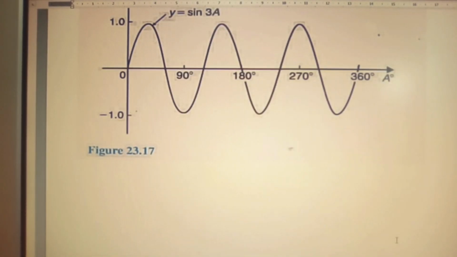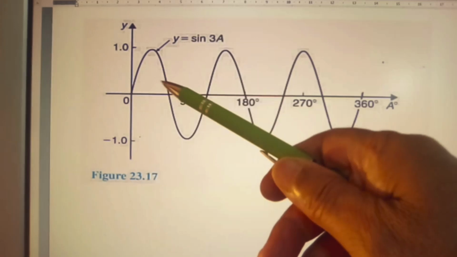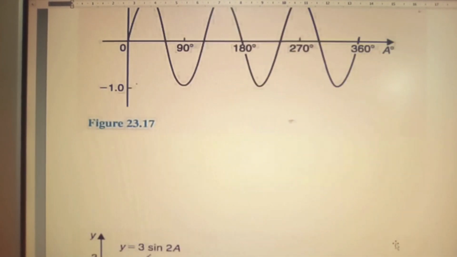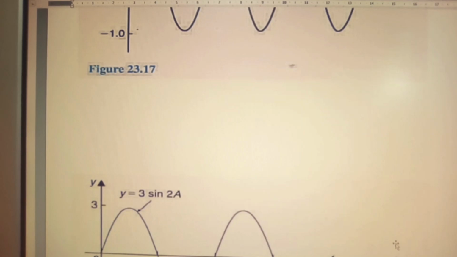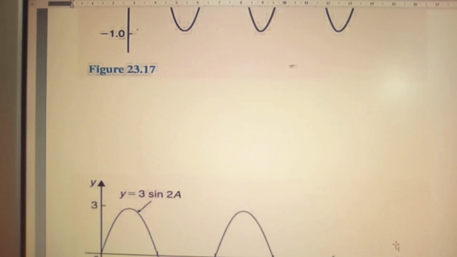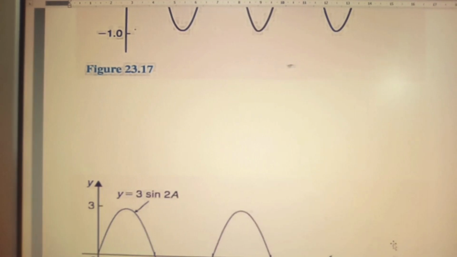Now here you can see that we have 1, 2, 3 waves, 1, 2, 3 cycles, but here we've only got 1, 2 cycles, roughly.